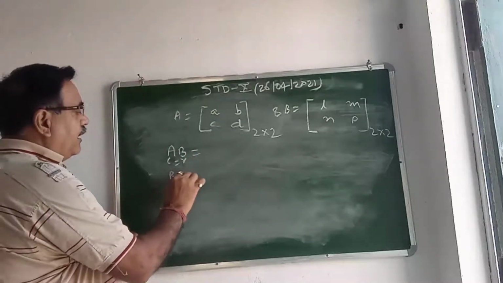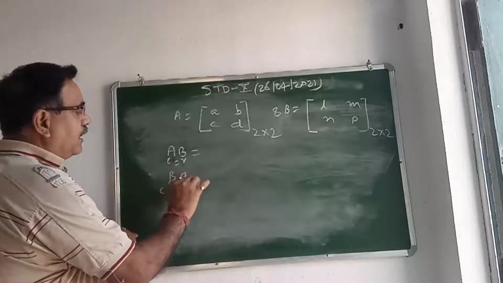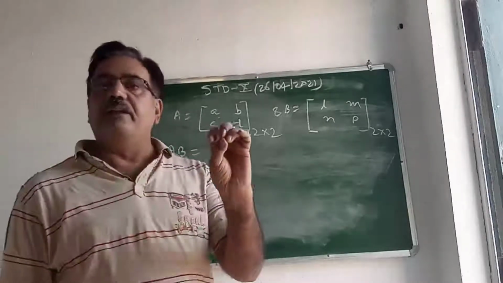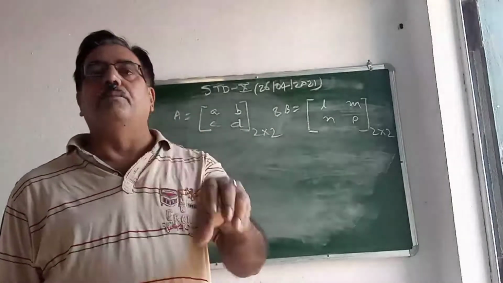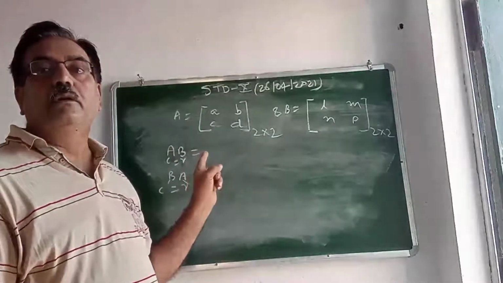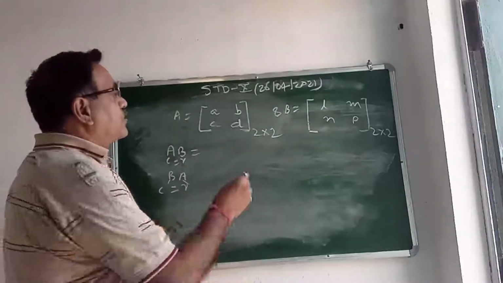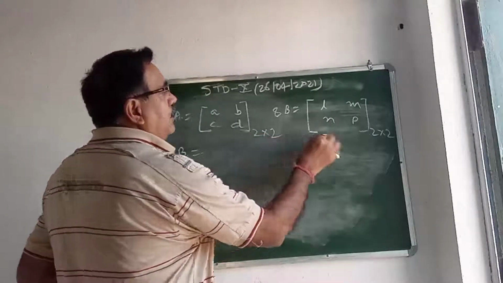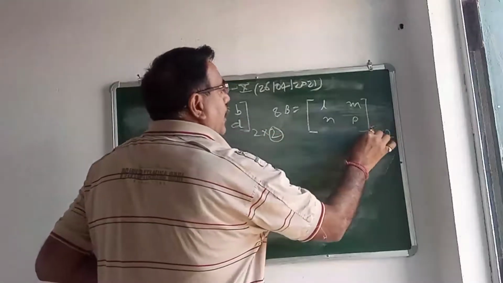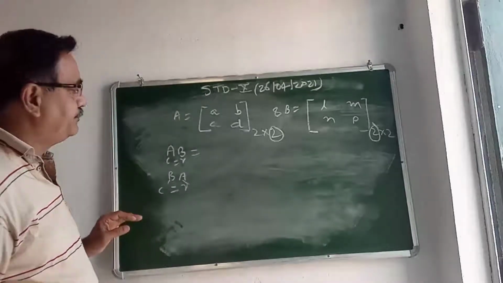If we write BA, then the column of B must be equal to the row of A. If it is not equal, directly write that multiplication of matrices is not possible. Reason: the column of the first matrix is not equal to the row of the second. Here the column of A is 2 and the row of B is 2. This is equal, so multiplication is possible.